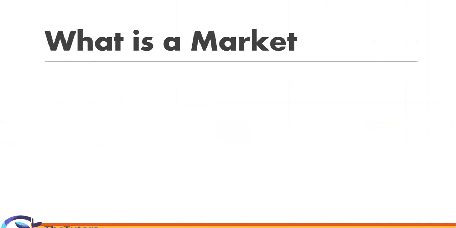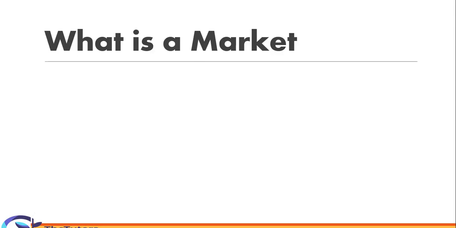So, the first one is what is a market? Generally, you know that whenever you go to buy anything, even if you just go to the shop next to your door, like a small convenience store, there you buy a Pepsi, a small chips of maybe 100 paisa.